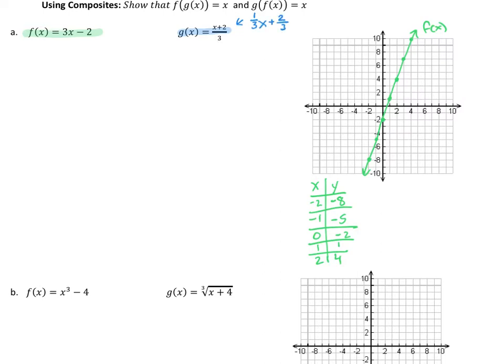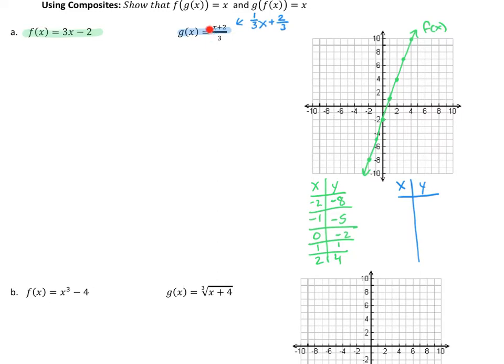Now, it feels a little weird to have a decimal or a fraction as a y-intercept, so instead I'm going to be picking points that I know that I can plug into this equation and make this a whole number. So again, I'm going to make a t-table. You don't have to do this, but this is something that might help you. So I know that if I can put something in here to make this add up to a multiple of 3, this will come out evenly.